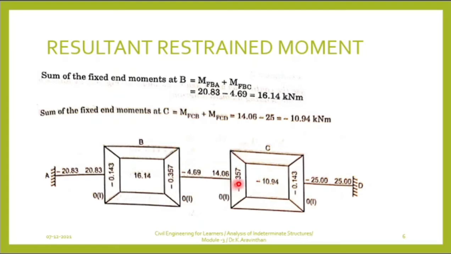The same way CB you got minus 0.357 and minus 0.143. After writing the rotational contribution, in the center of this box you have to write the sum of fixed end moment. What is the sum here? You got 20.83 at BA and minus 4.69. If you add this, what will be your answer?